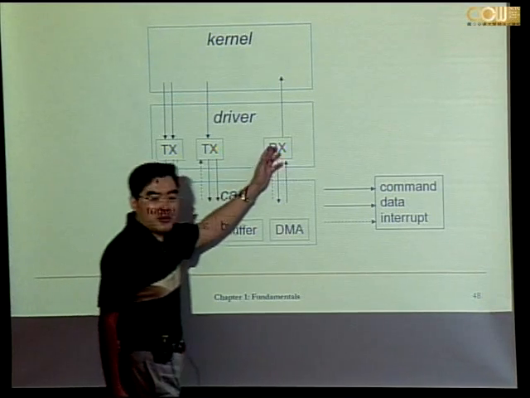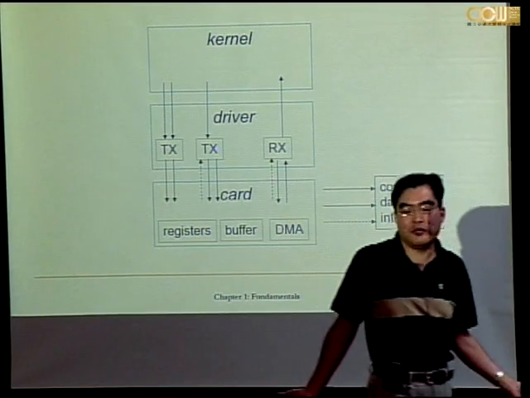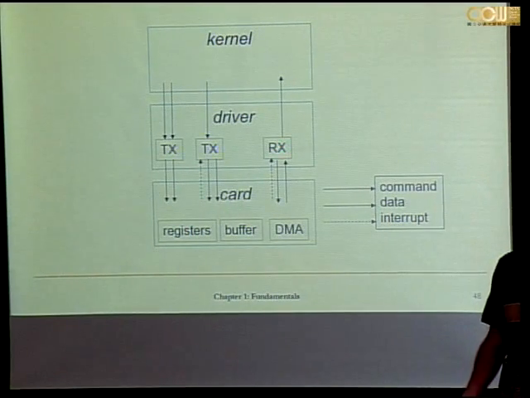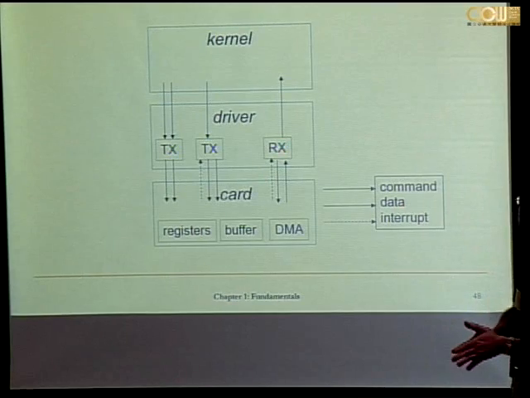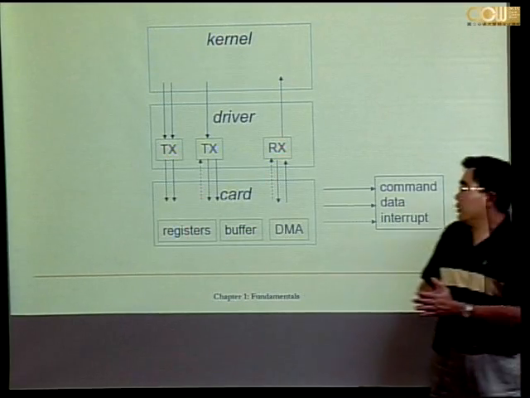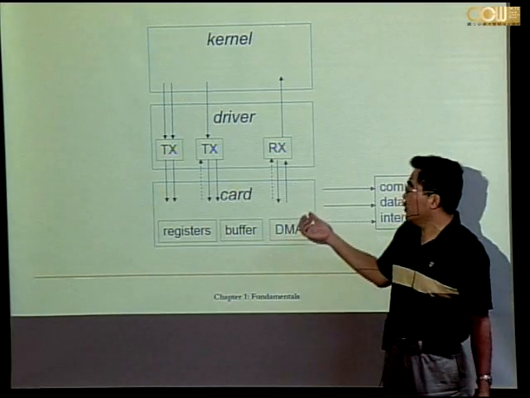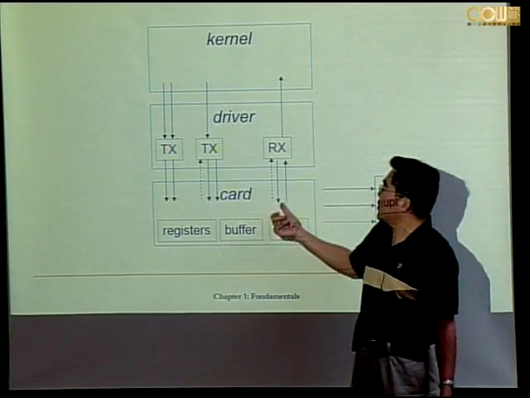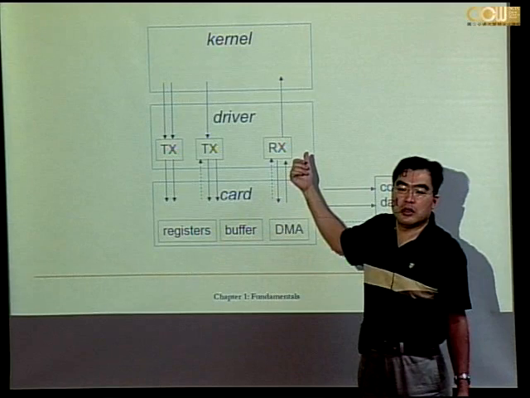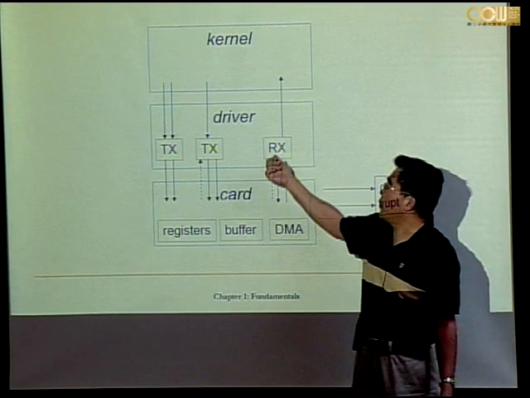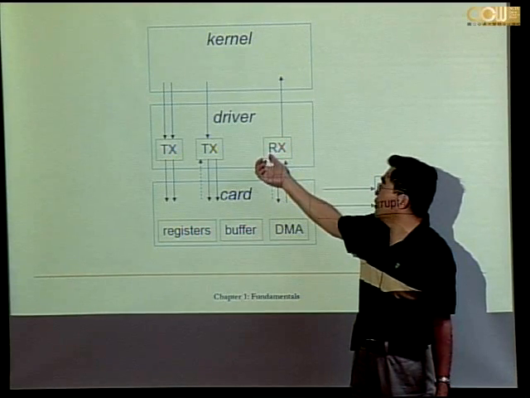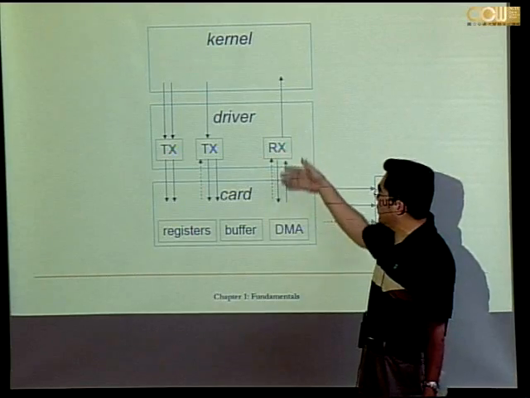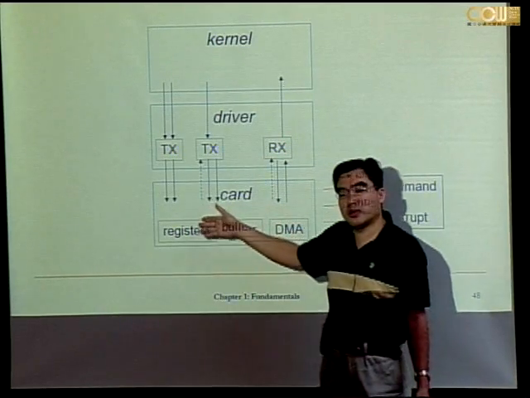And then how about the receiving part? The receiving part in the driver is totally interrupt driven, meaning if there's a packet received by the interface card, then the interface card will interrupt the CPU, and the control will be passed to the driver here, and then it would read the register to see what happened.